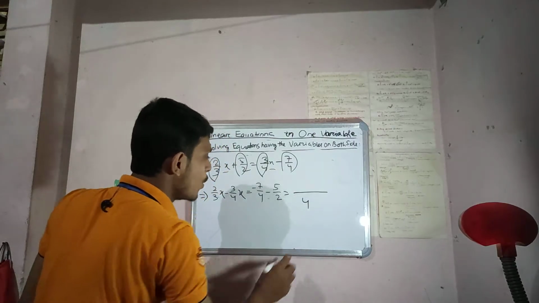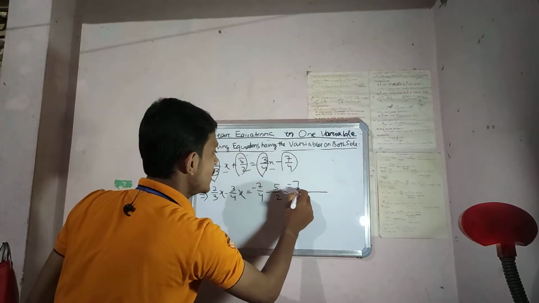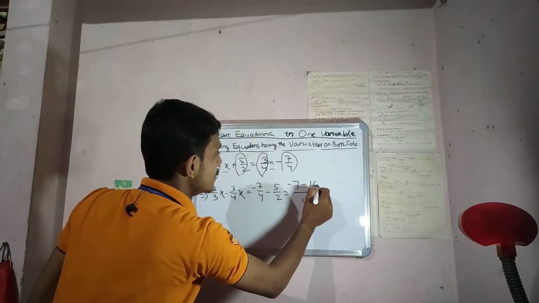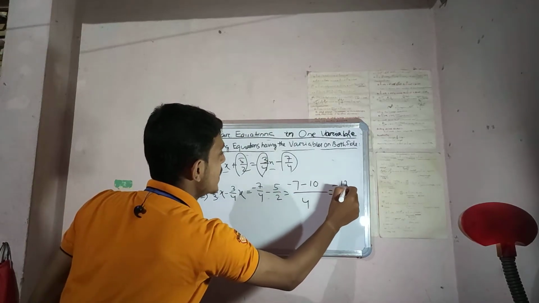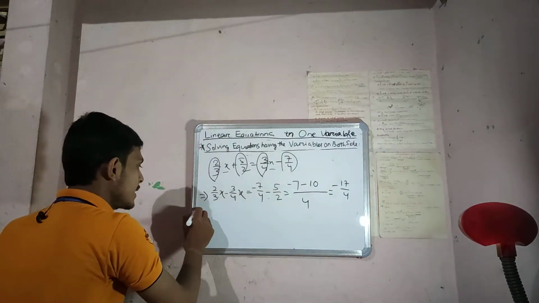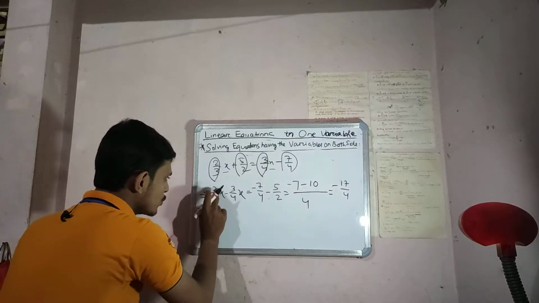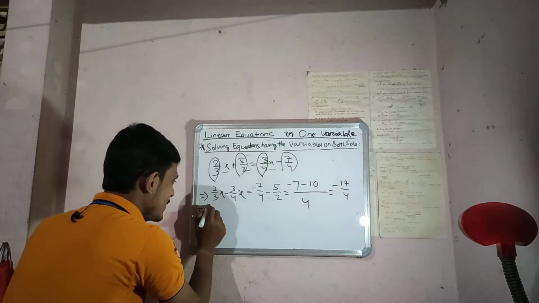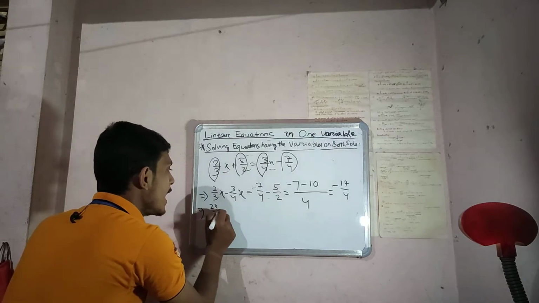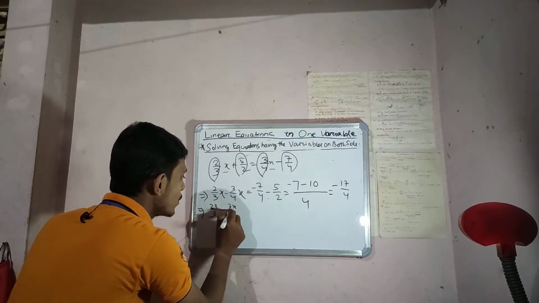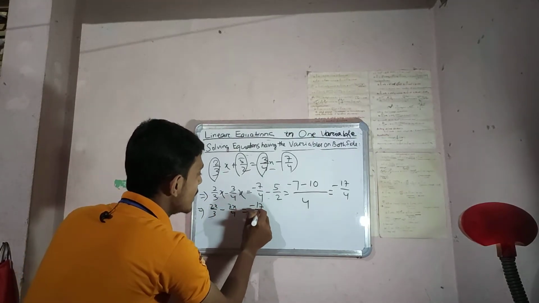The LCM is 4. So −7 − 10, that is −17 upon 4.